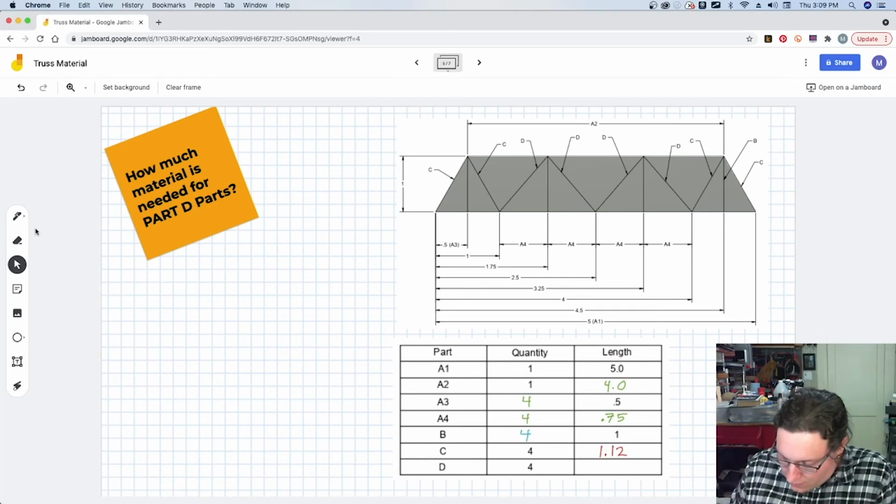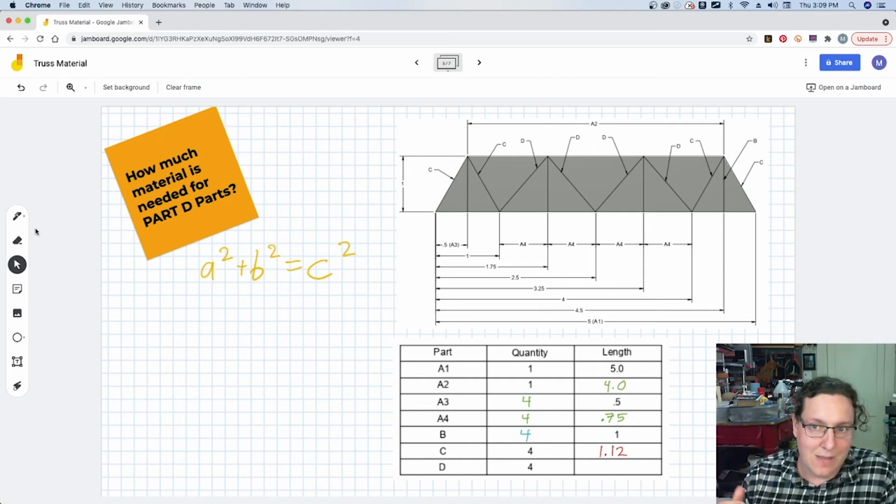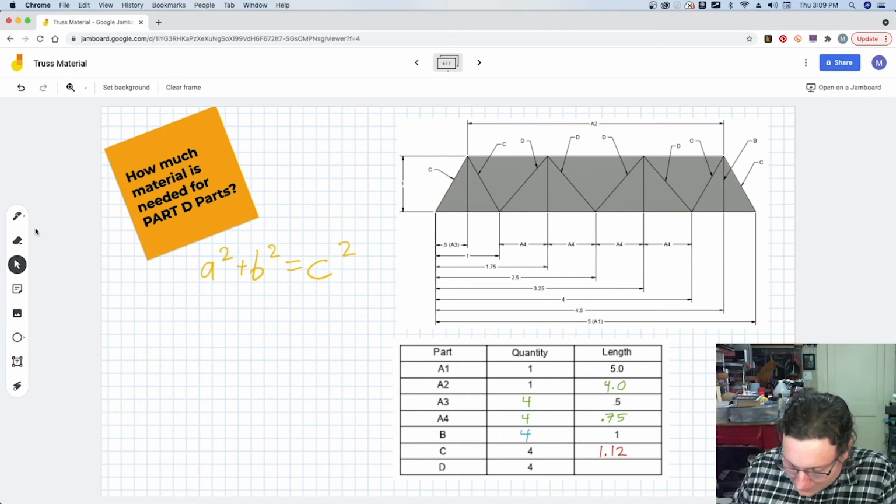so A squared plus B squared equals C squared. In this case, we're not using A and B directly. We're having to recognize that A4 is going to get squared, that our value, our unit of B, is going to get squared, and that's going to be equal to C squared.